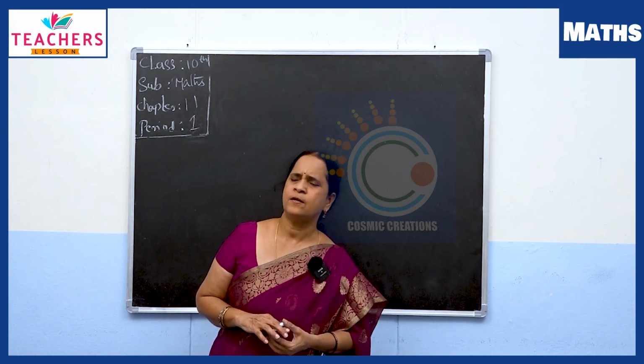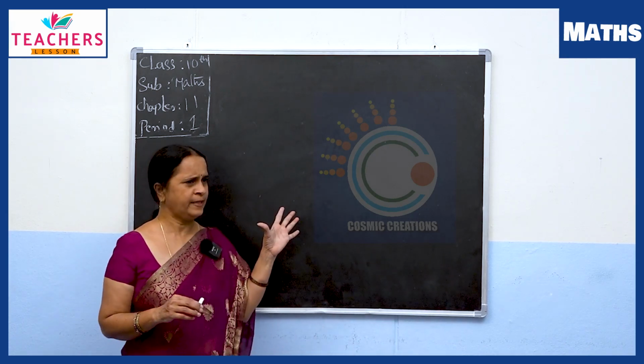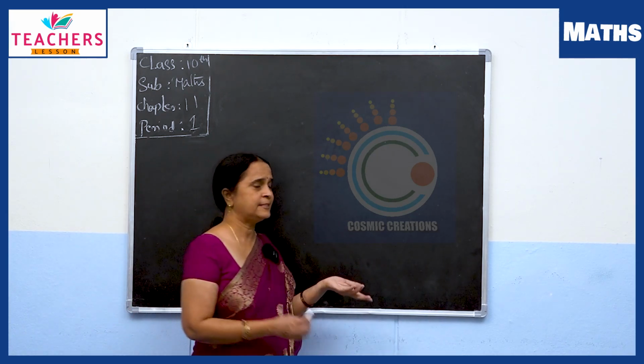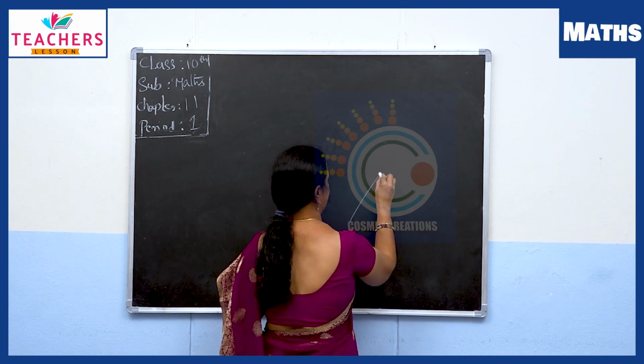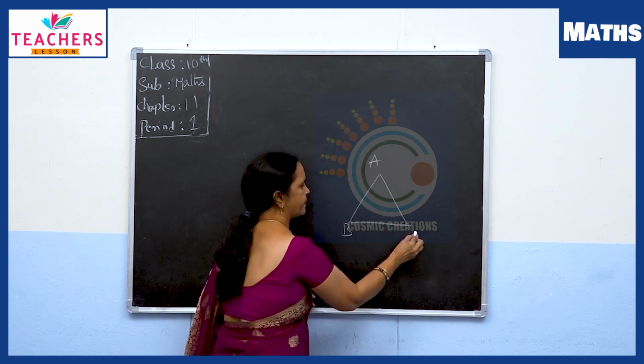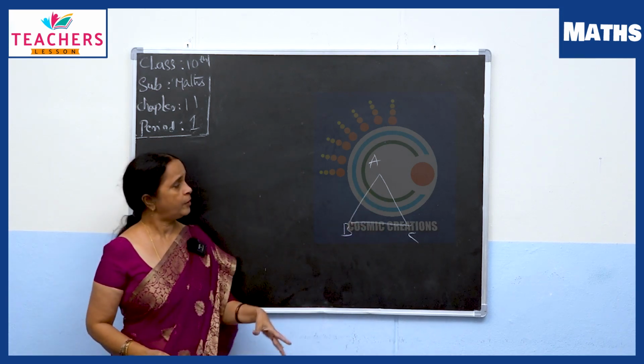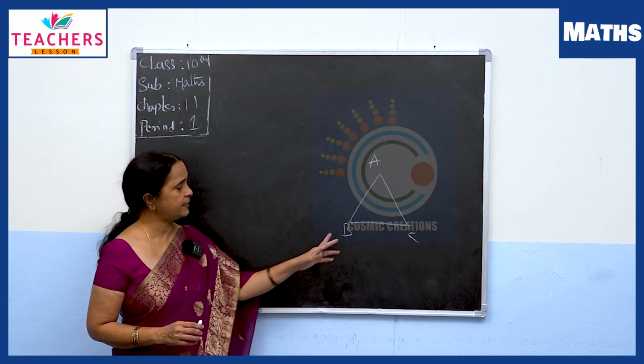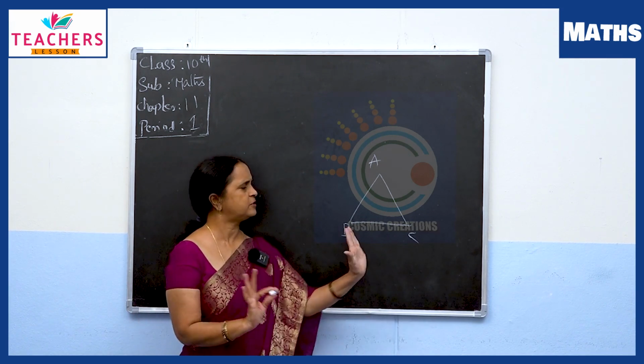Now we are going to learn a new topic. It is based on triangles. Consider this triangle ABC. Can you say what is the length of BC? I am not giving anything, just the length of BC.